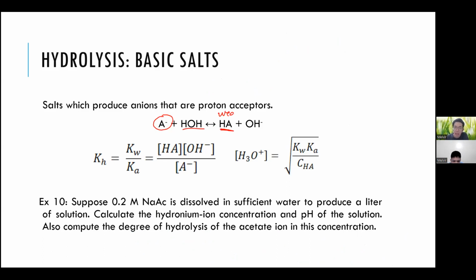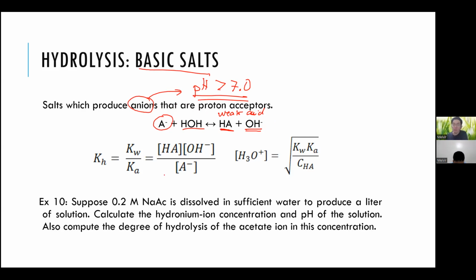So ito yung weak acid mo, and then you'll now have OH minus. Pakitandaan ito, Josh. Kapag ang anion ay proton acceptor, ano ang pH na ine-expect mo nung salt solution? Dahil basic salt sila, greater than 7.